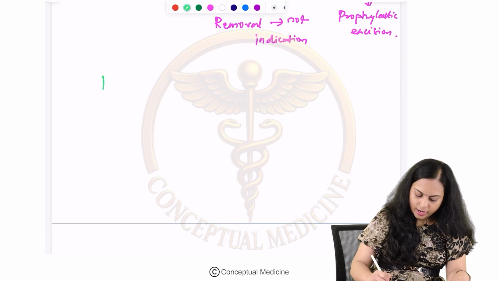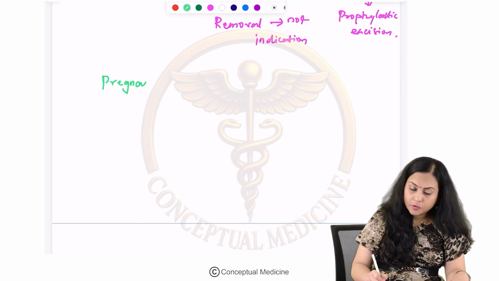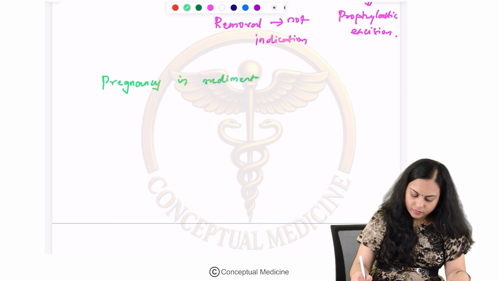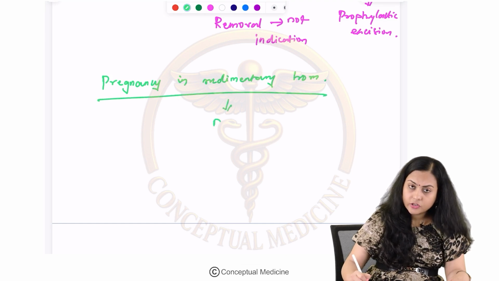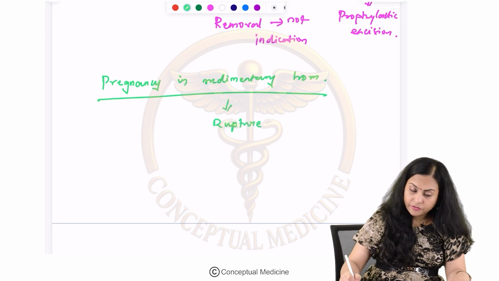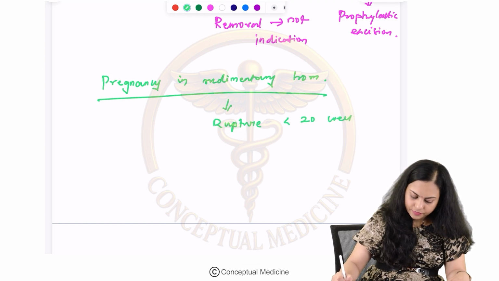And then you have to remember, suppose if there is a pregnancy in the rudimentary horn, there is a chance of rupture before 20 weeks.